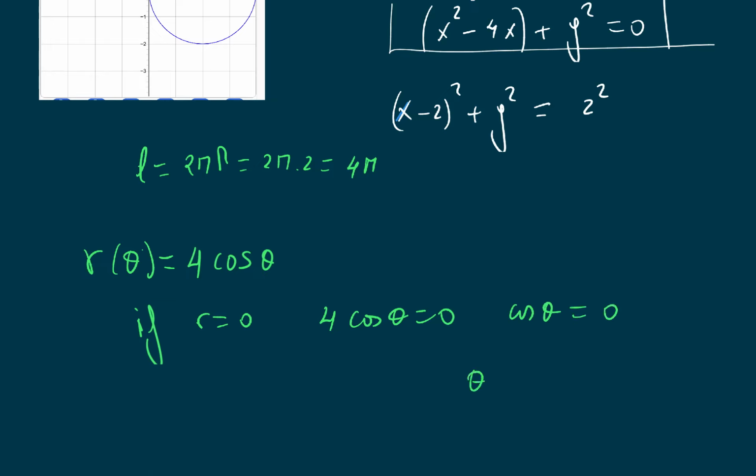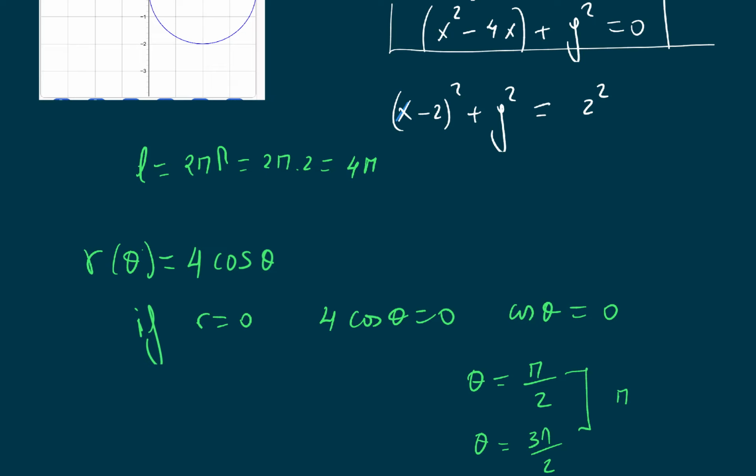It means that theta varies when cosine of theta is 0. Cosine of theta is 0 at pi divided by 2 and at 3 pi divided by 2. So the width between pi divided by 2 and 3 pi divided by 2 is pi.